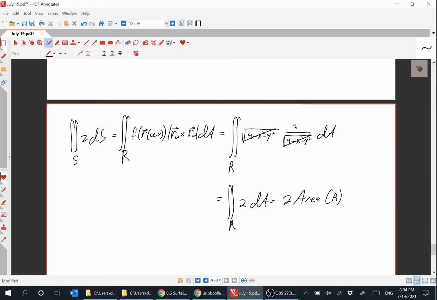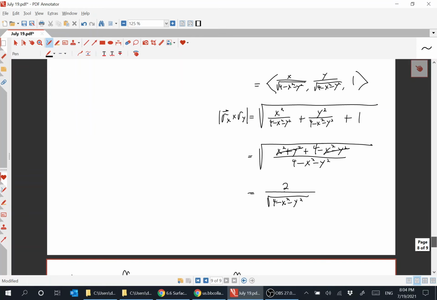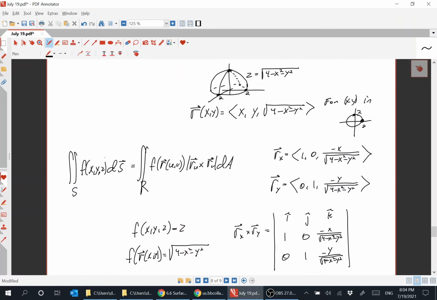R is the circle of radius 2, right here.